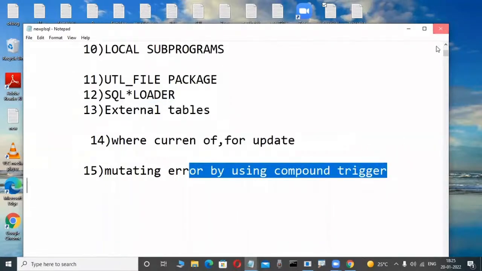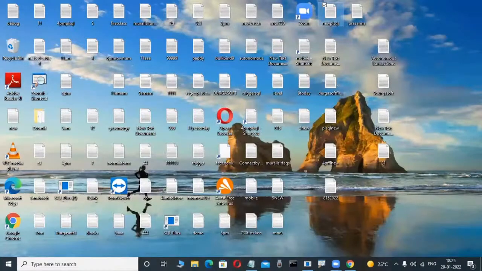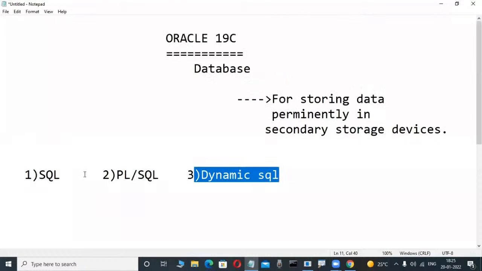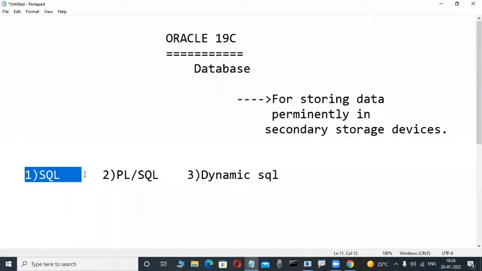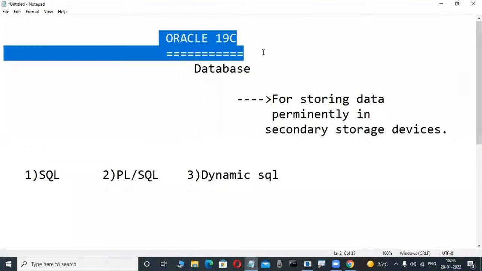So much syllabus is there. That's why we learn the SQL language first, and after that, with some knowledge, we learn PL/SQL. Through these two languages we operate this Oracle software.